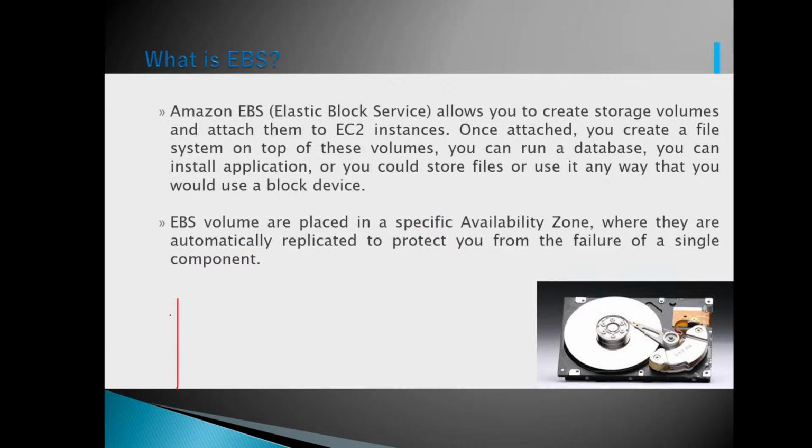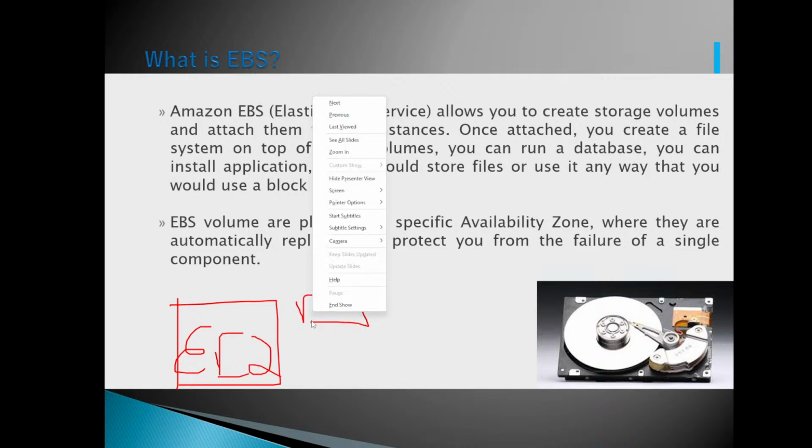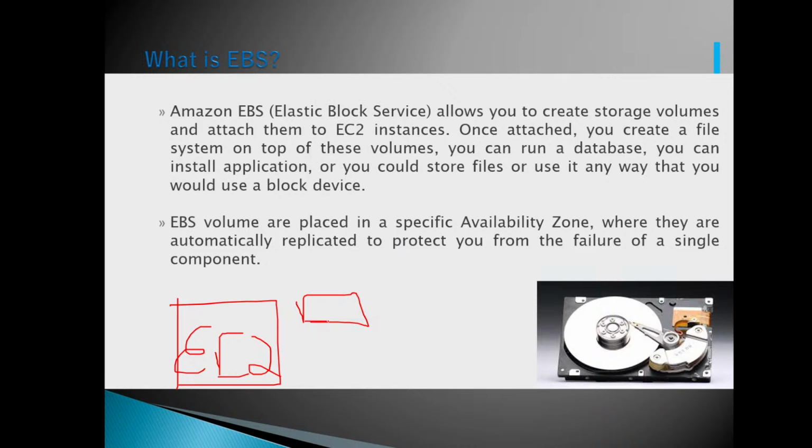Okay, let's say I have one EBS volume. This is my EC2 machine. This is my one hard disk on which everything is installed and user data is there. So if I'm taking a backup, 40% of the hard disk will be used for OS or application, assume that hypothetically.